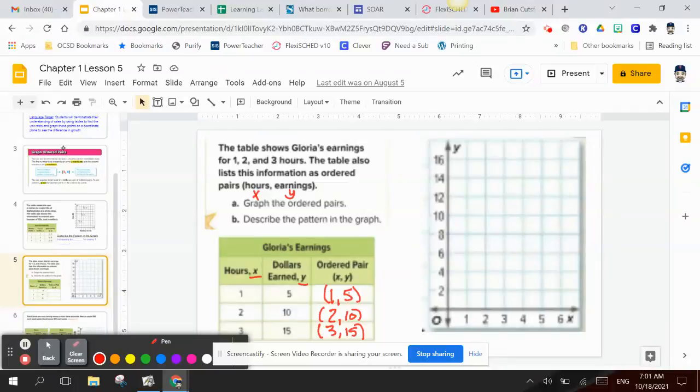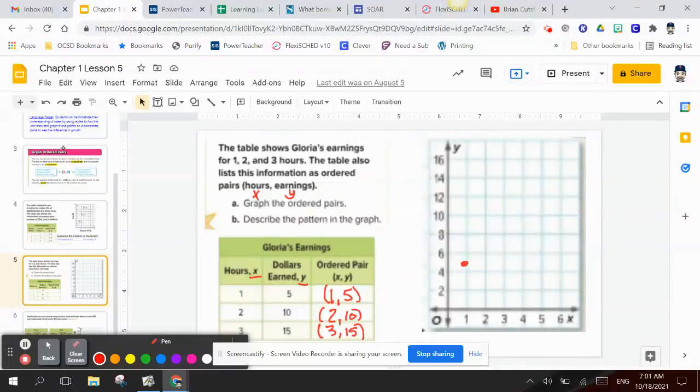I start at 0. I go over 1 to the right, and I go up 5. Over 1 to the right, up 5. I noticed that they're counting by 2s. So I count 2, 4, and 5 is halfway in between. I look at 2 and 10.